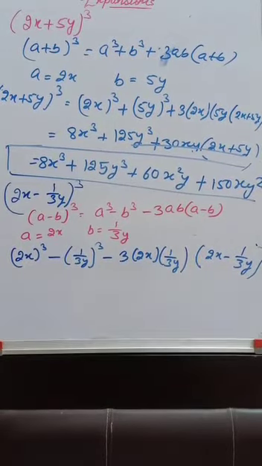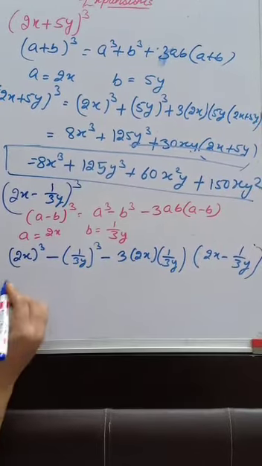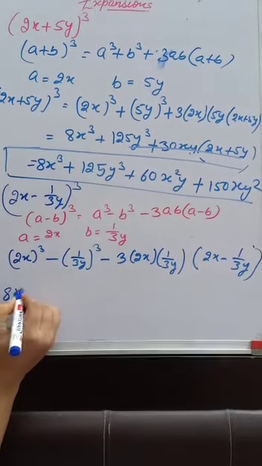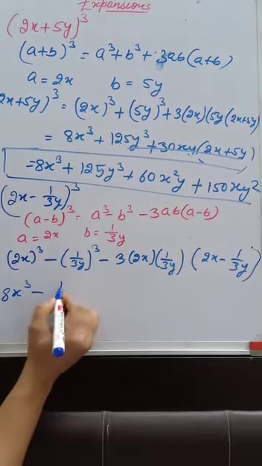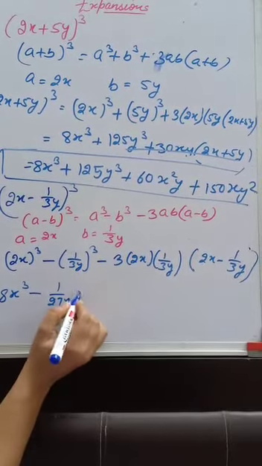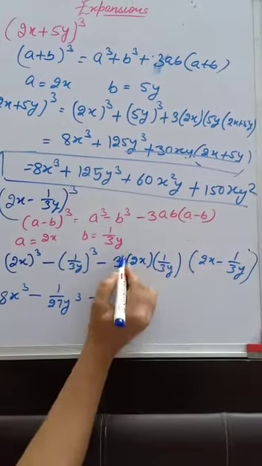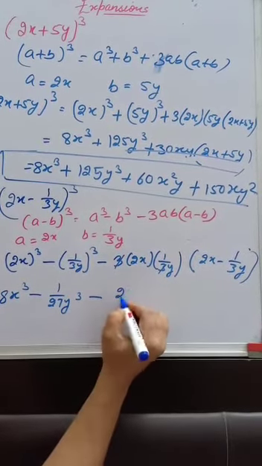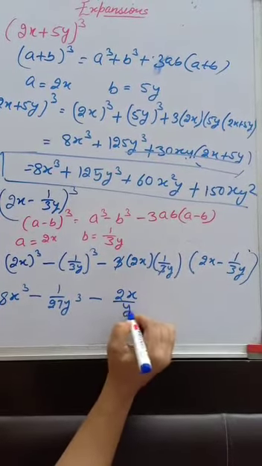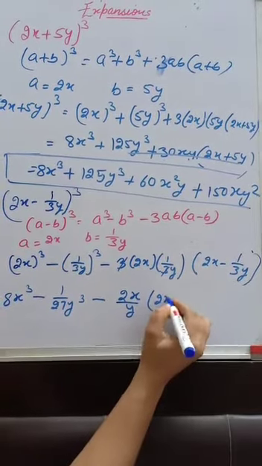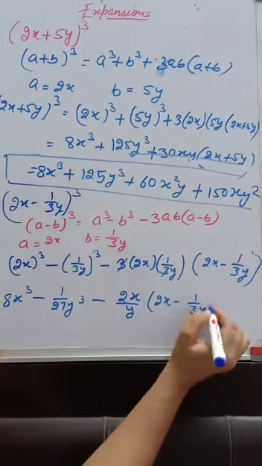I have just put the values, right? So what will we get? 8x cube minus 1 upon 27y cube, minus 2x upon y into 2x minus 1 upon 3y.